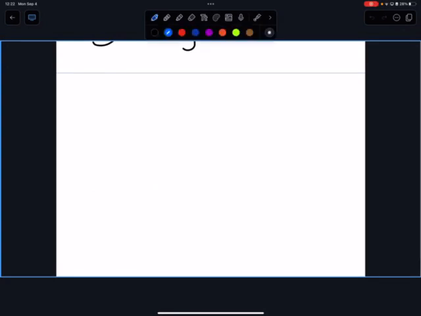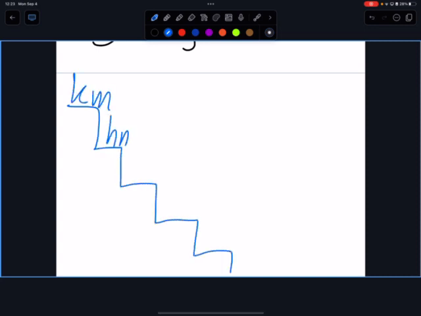When you were 7 years old, the teacher wrote something like this on the blackboard and made you memorize this. Kilometer, hectometer. Yes, you did that when you were 7 years old.